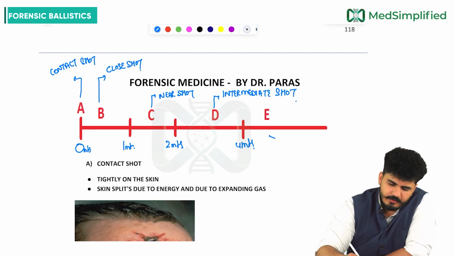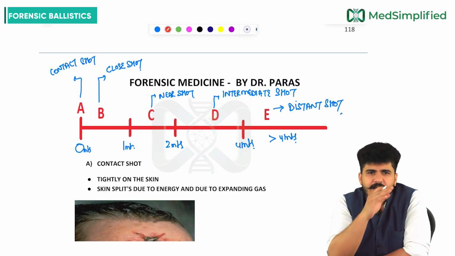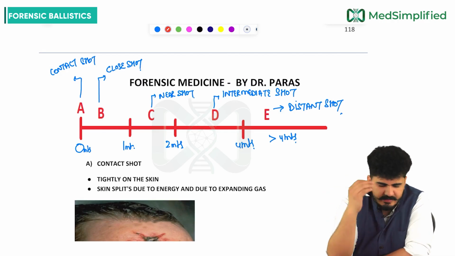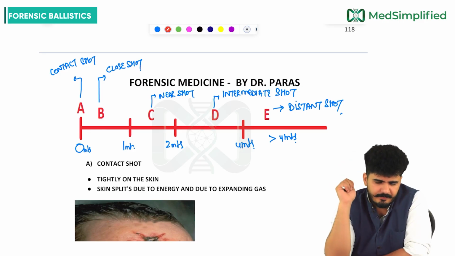And more than 4 meters is called E, and this E is called distant shot. So we have A, B, C, D, E. A stands for contact shot, then coming close, near, intermediate, distant shot.